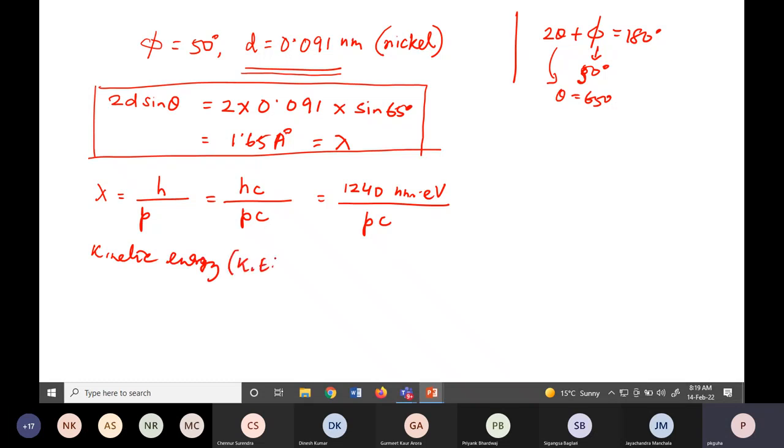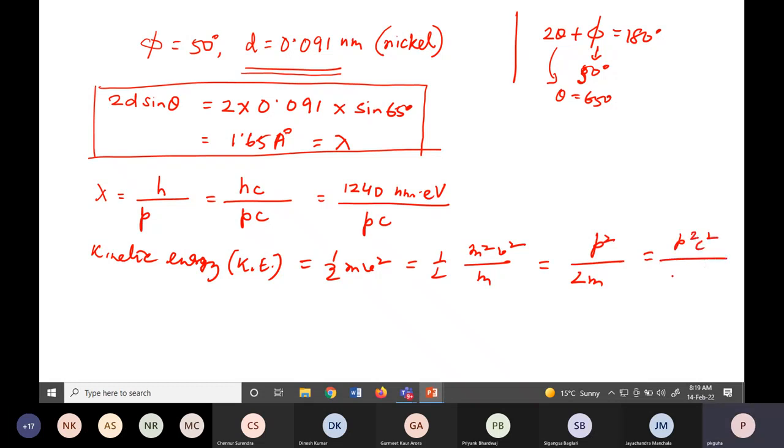This kinetic energy is half mv square. So you can write it in the form of momentum, p square over 2m. Again you can multiply with c square in both numerator and denominator, and you get this.